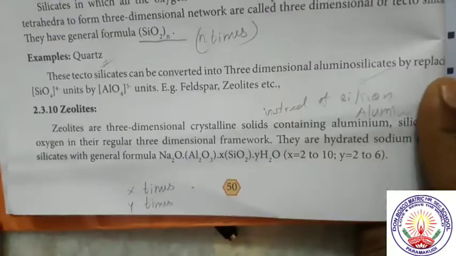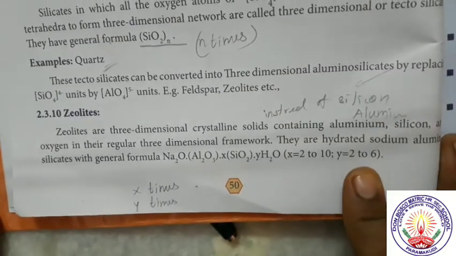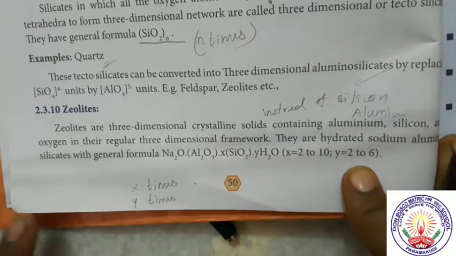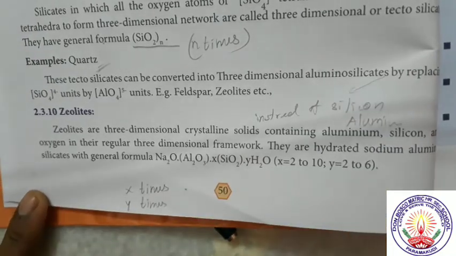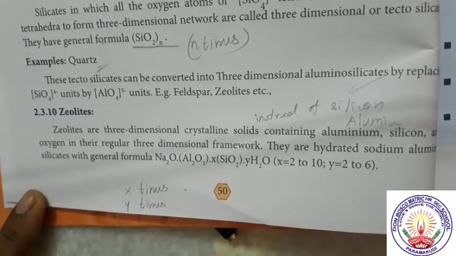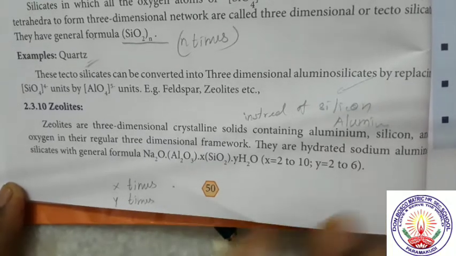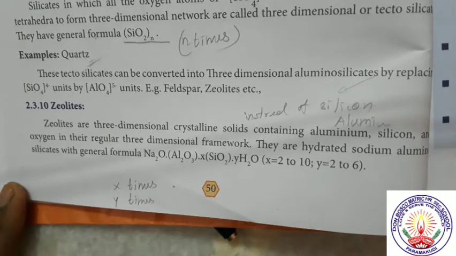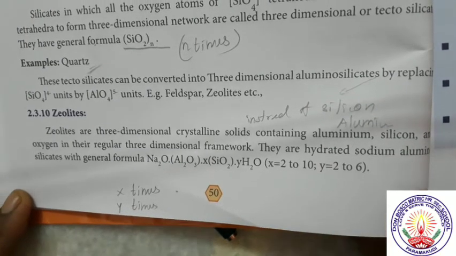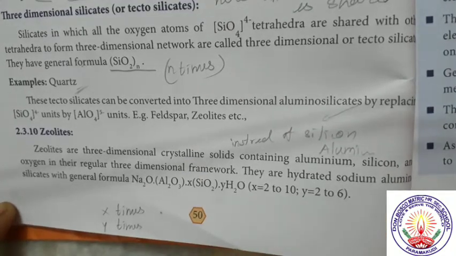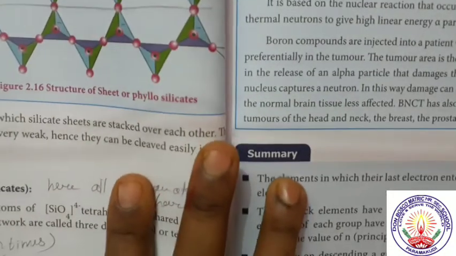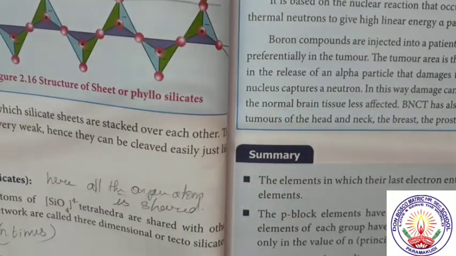Next we shall see zeolites. Zeolites are three-dimensional crystalline solids containing aluminium, silicon and oxygen in a regular three-dimensional framework. Zeolites have a porous structure in which monovalent sodium ions and water molecules are loosely held.